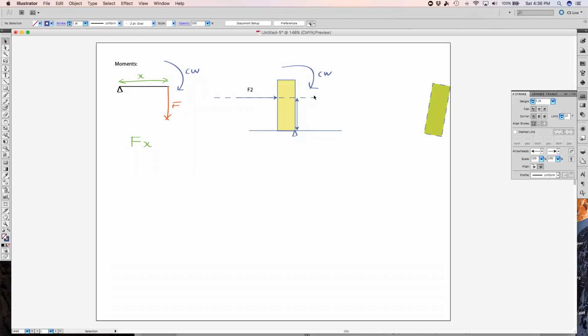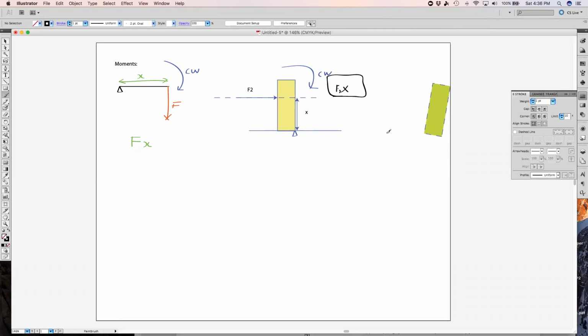So you always have to find the distance that is perpendicular to the line of action. This is a line of action. The distance is always perpendicular to the line of action. And if that distance is X, the moment of this force will simply be F2 by X. The moment is going to be clockwise, and it's going to be F2 by X. Right, that's the moment of the force.